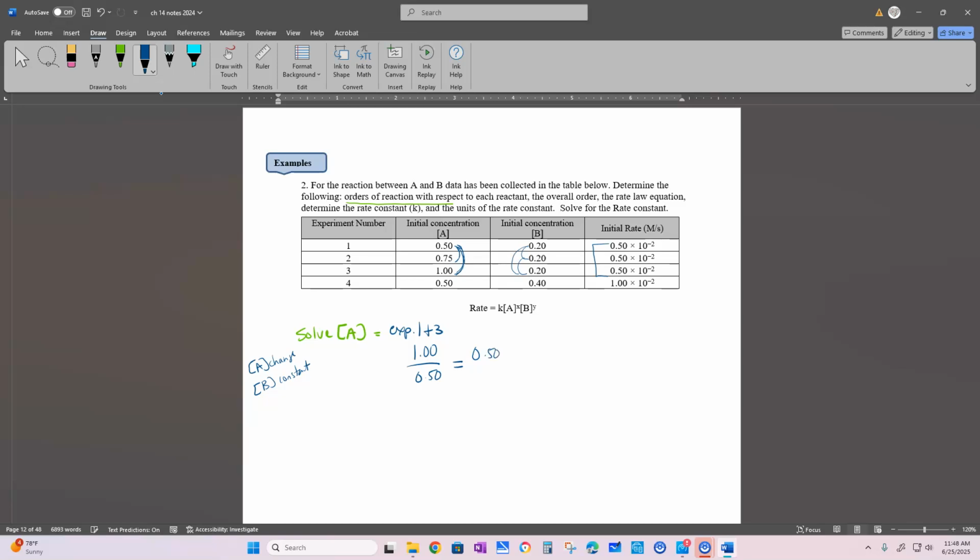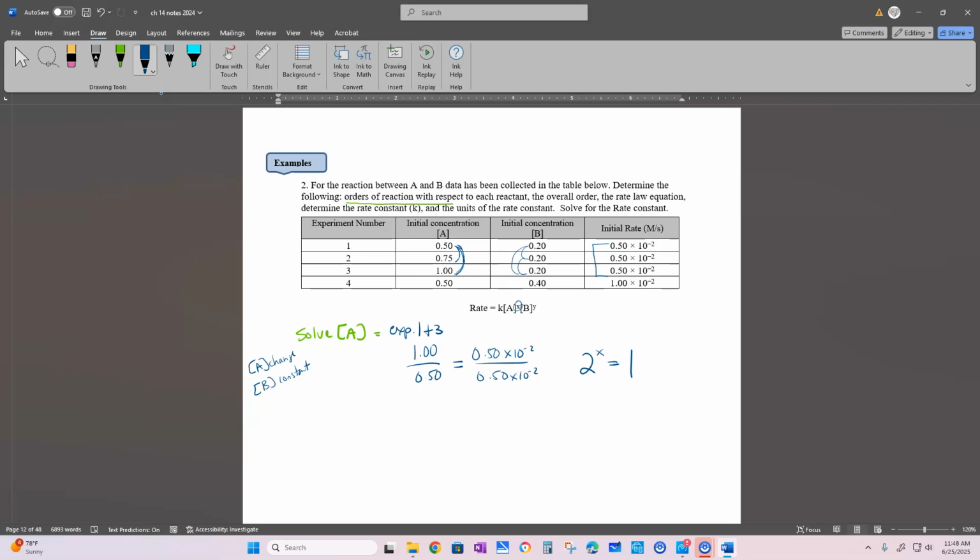So 0.50 to the negative 2 over 0.50 to the negative 2. Well, 1 divided by 0.5, obviously that's 2, and because I'm solving for A, I'm going to call the exponent X. The same number divided by the same number is 1. I don't need to plug that in the calculator.